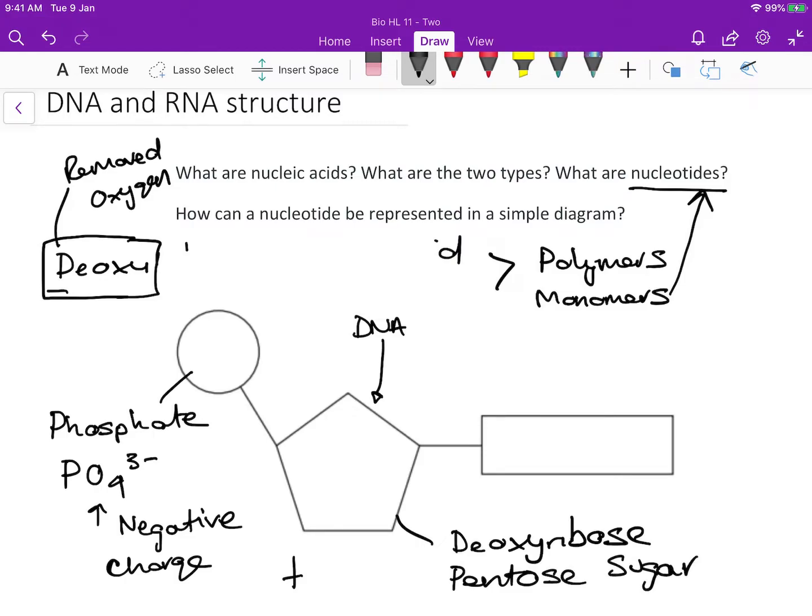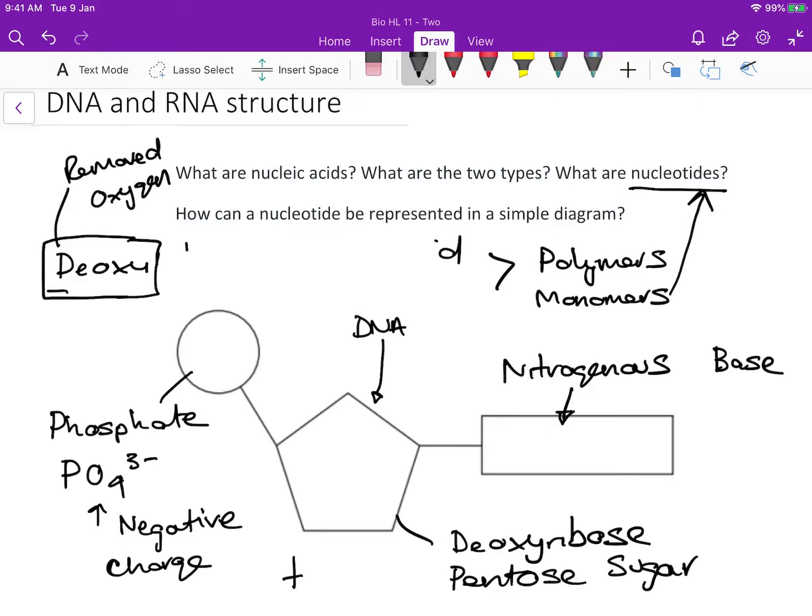So deoxyribose, a pentose sugar, or it could be ribose if we were talking about ribose nucleic acid, RNA. Over here, this rectangle represents the nitrogenous base, because it contains nitrogen. It's got nitrogen in there, and we'll see that. So we need nitrogen in the diet to make DNA and RNA, and also to make protein.